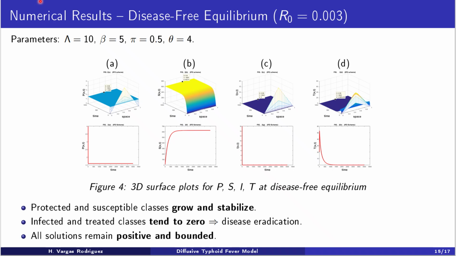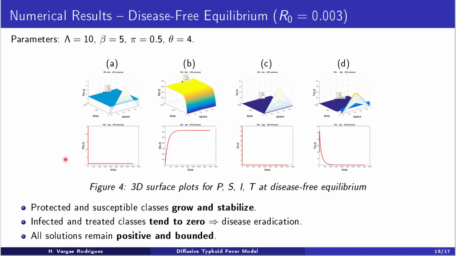In the second example, we adjust the parameters, increasing the treatment rate beta to 5 and the recruitment lambda to 10, bringing R0 to this value, well below 1. The results are strikingly different.